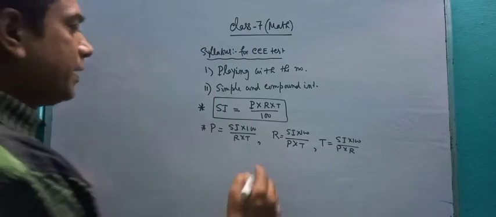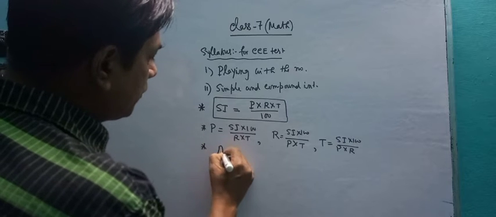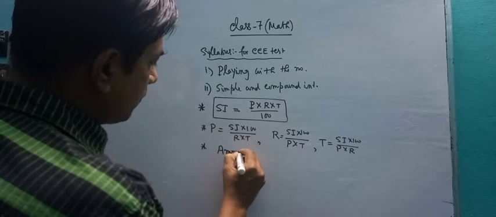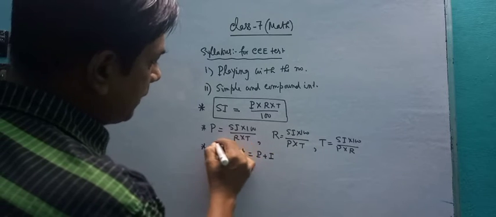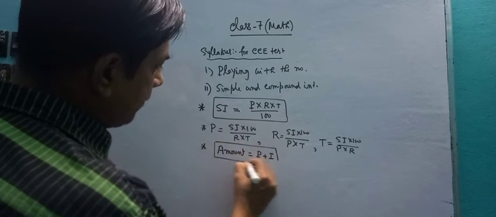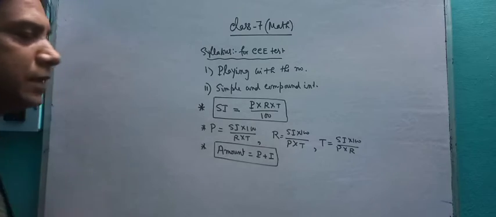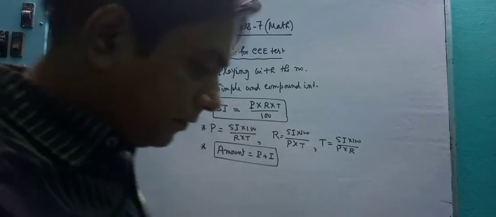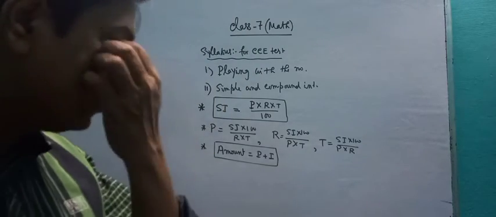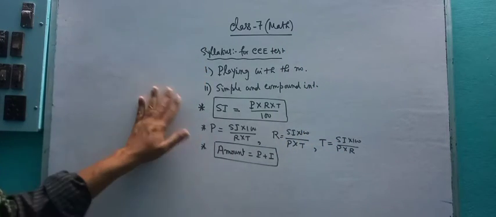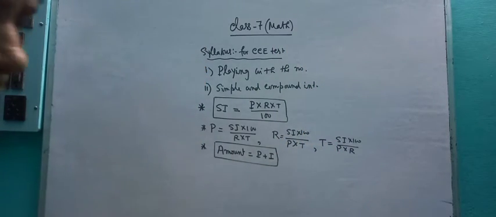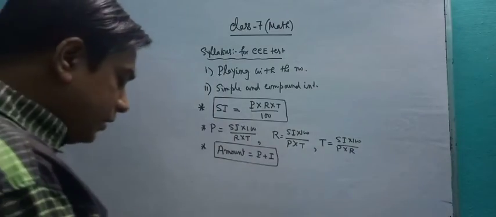Another part sometimes required is amount, which is equal to principal plus interest. P plus I, that is, amount means principal plus interest. Okay, so this formula is sufficient for the calculation in case of simple interest, and in the case of compound interest we require another formula.